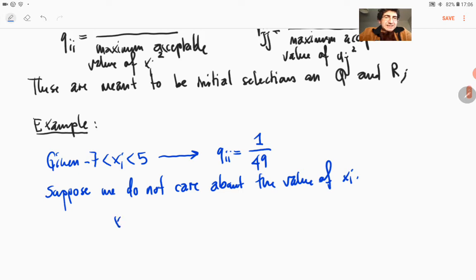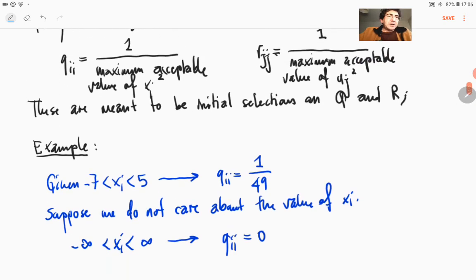We can represent that with x_i being within minus infinity and infinity, and that means q_ii is equal to 0. So if you set the corresponding value in the cost function to 0, that means we don't care about what this particular state does in the cost function.